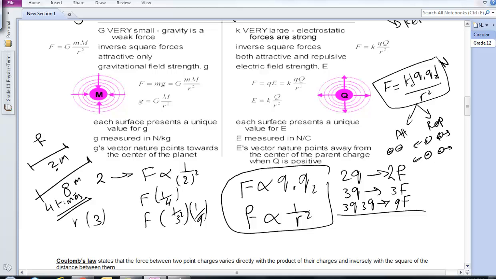Which means that the R became 4 times, which means your F is going to be less by a factor of 1 over 4 squared, which is 1 over 16. So these are the kind of questions that you might have if we are relating the force to the factors, the Q and the R.